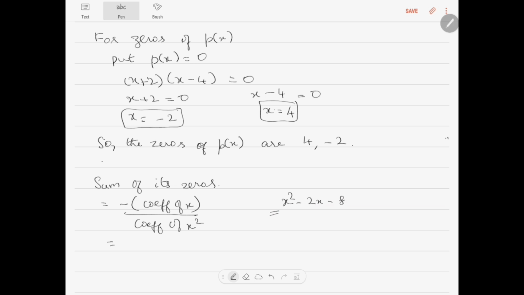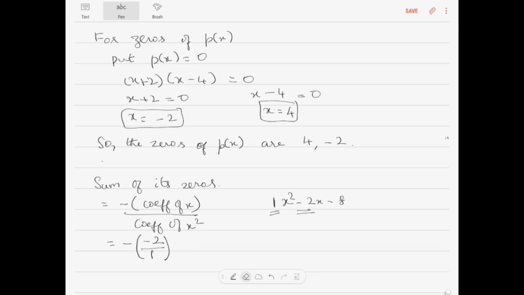So 1 is the coefficient of x square, minus 2 is the coefficient of x. So it is minus of minus 2, the coefficient of x, by 1, the coefficient of x square.